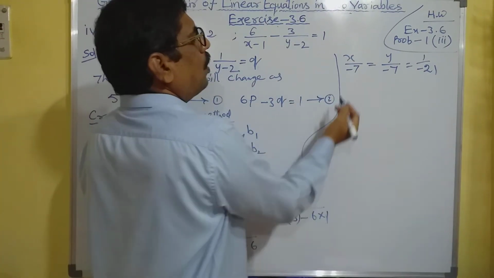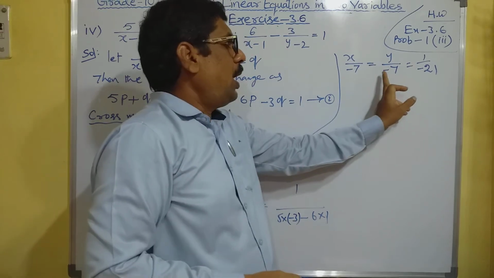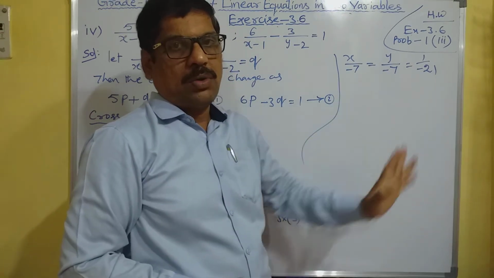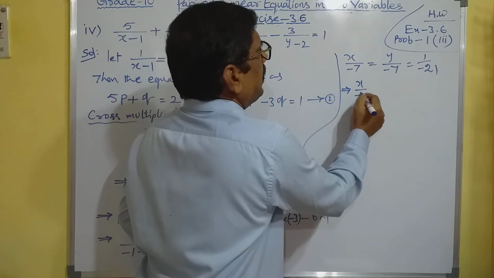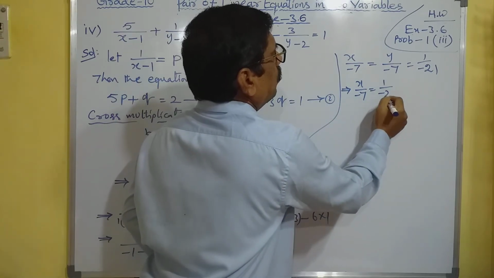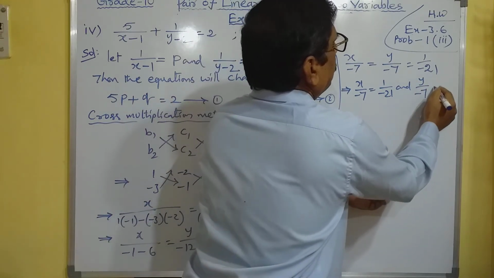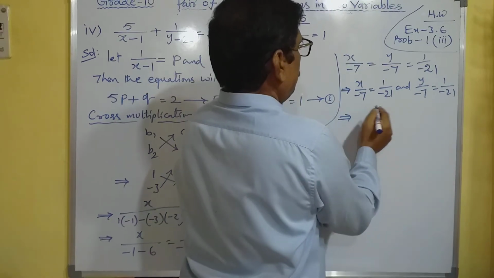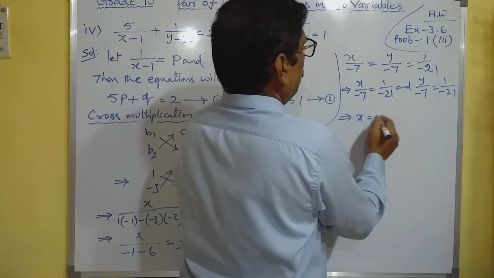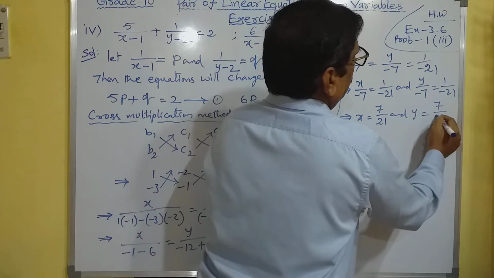Now let us equate the first one and last one in order to get the x value, and the second one and last one in order to get the y value. This implies x by minus 7 is equal to 1 by minus 21, and y by minus 7 is equal to 1 by minus 21. So both sides, if you simplify, you will get x is equal to 7 by 21 and y is equal to 7 by 21.